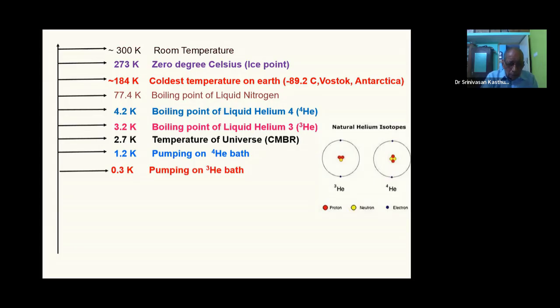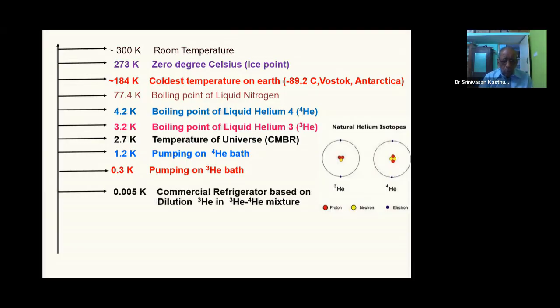Next, if you pump on the helium-3 bath instead of helium-4, then you will reach a temperature of about 0.3 Kelvin in such cases. Now, if you use a commercial refrigerator based on dilution, that is the helium-3, helium-4 mixture dilution refrigerator, then you are able to reach about 5 millikelvin.